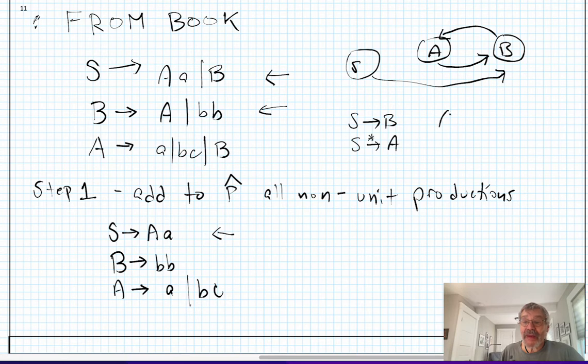I can go from A to B, and I can go from B to A.